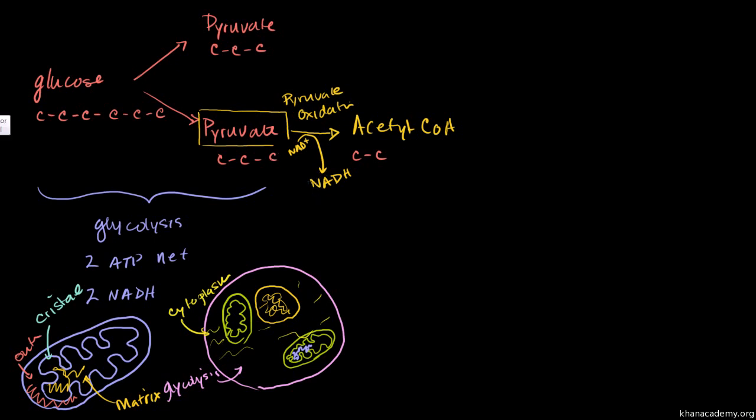Now, once you have this two carbon chain acetyl-CoA right here, you are ready to jump into the Krebs cycle, this long talked about Krebs cycle, and you'll see in a second why it's called a cycle. The acetyl-CoA, and all of this is catalyzed by enzymes. And enzymes are just proteins that bring together the constituent things that need to react in the right way so that they do react.